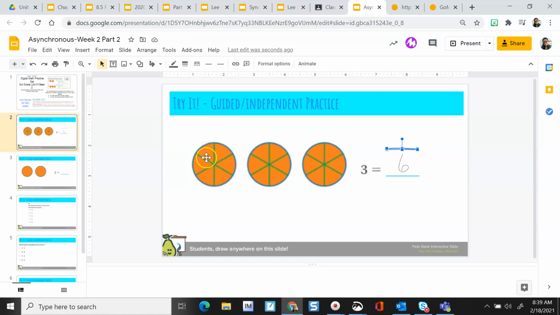In this case, if it's 6 on each one, 6 times 3 is 18, so your numerator would be 18. So your fraction for 3 wholes is 18 over 6.